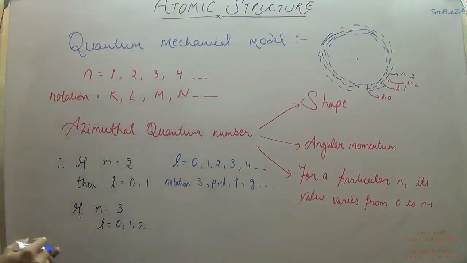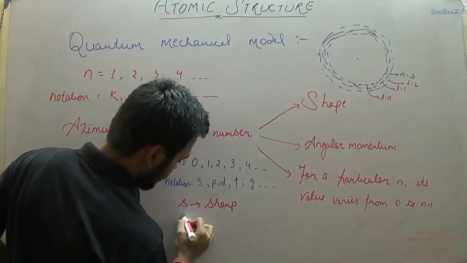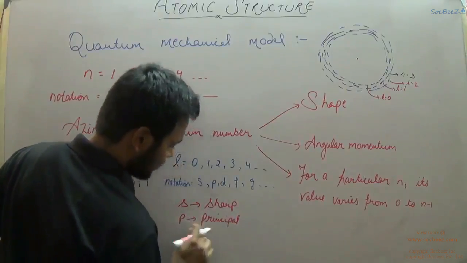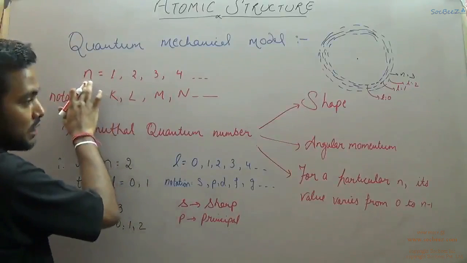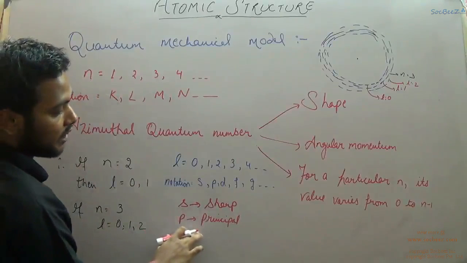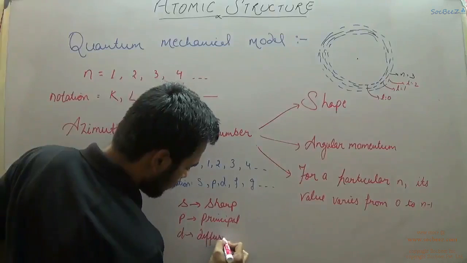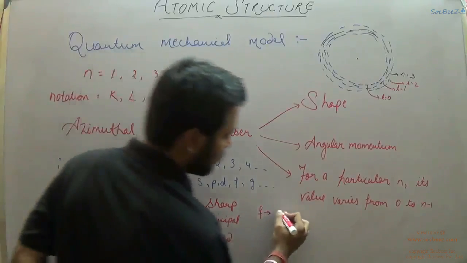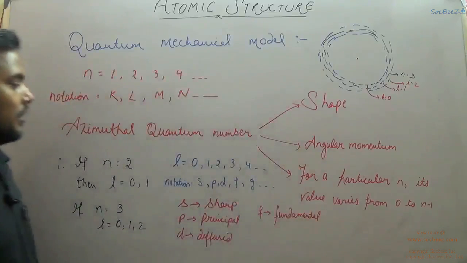S stands for sharp, P stands for principal. Remember, this P has got nothing to do with N, which is also known as the principal quantum number. This is the principal value of L. D is diffused, and F is fundamental, and so on. It goes like this.